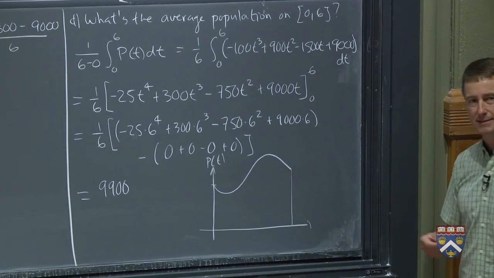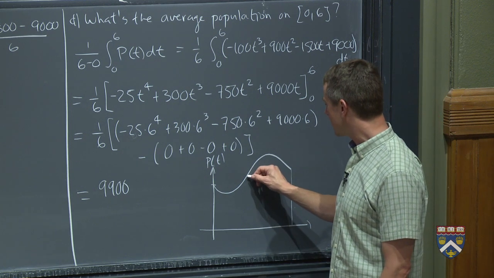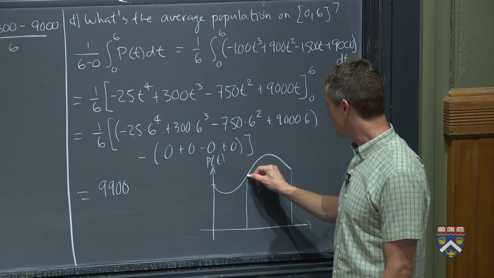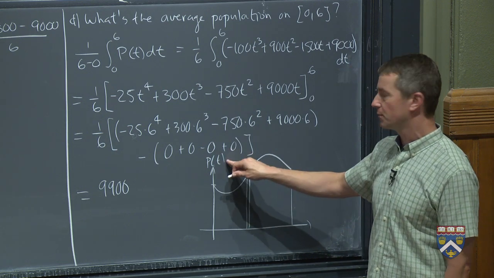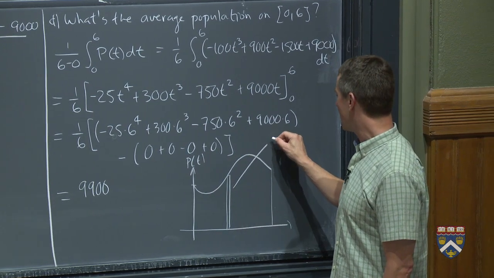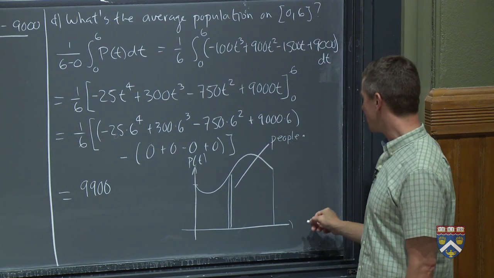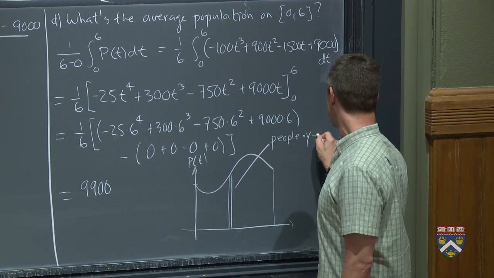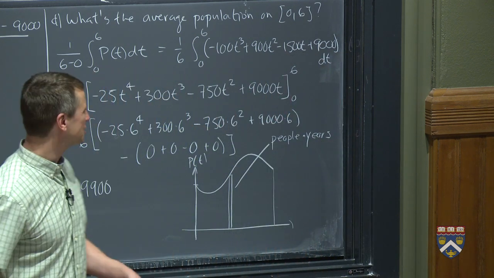So what are the units of this area that we've just found? If we look at some rectangle from our Riemann sum, the vertical units are measured in whatever these units are. So the units here are people times the horizontal units, which are in years. So people years are the units.